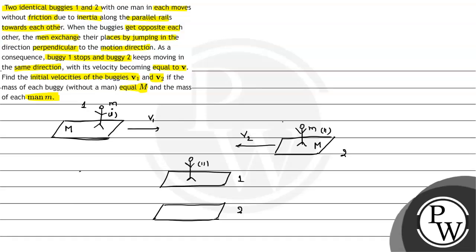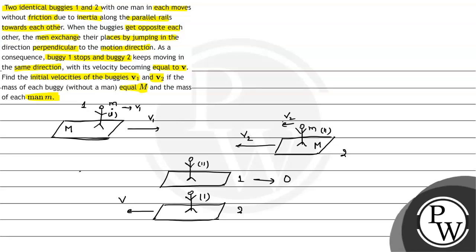So man 2 comes here and here is man 1. The initial velocity of man 2 was also v2 and the initial velocity of man 1 was also v1. Now the final velocity of buggy 1 becomes 0 and the final velocity of buggy 2 becomes v. So now buggy 1 stops. Okay, it is correct.